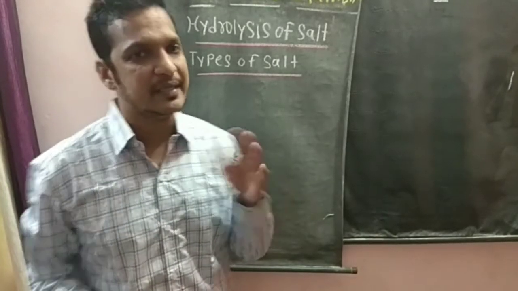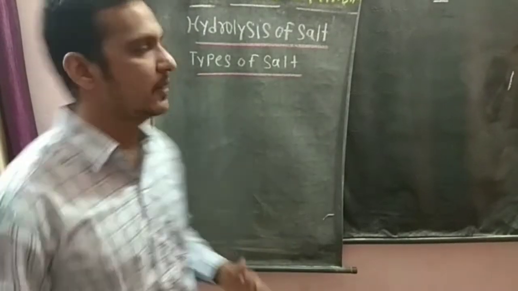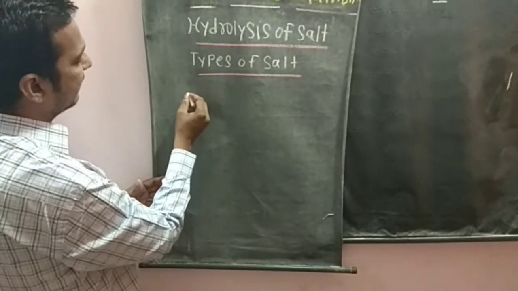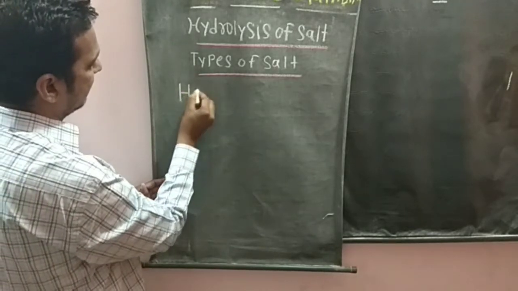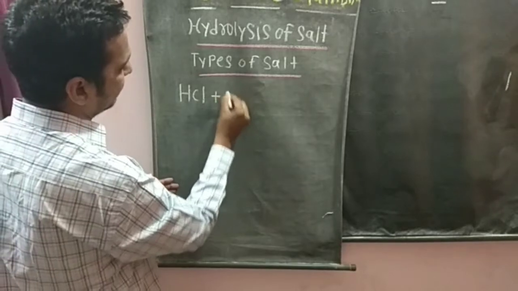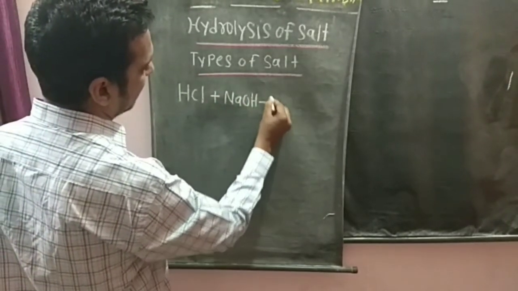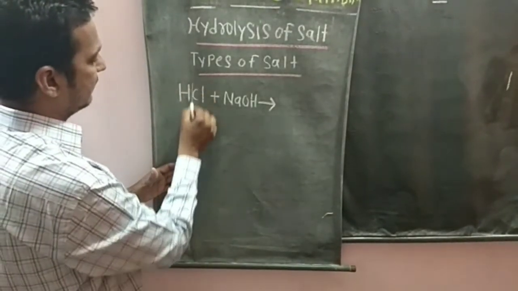So let us see the reaction between acid and base to form salt such as sodium chloride. So here we are taking a strong acid HCl and a strong base NaOH to form salt such as sodium chloride, NaCl.